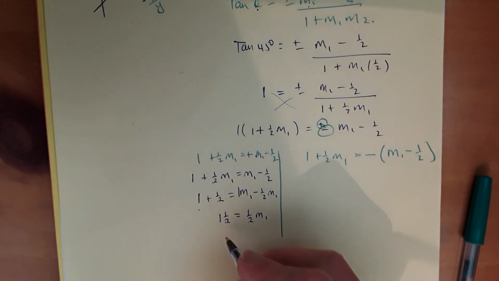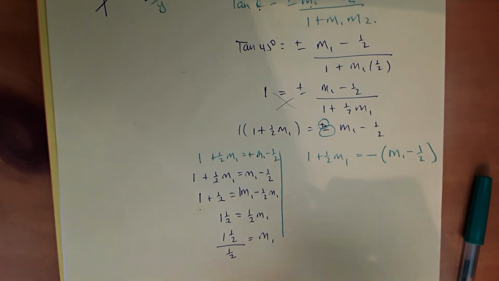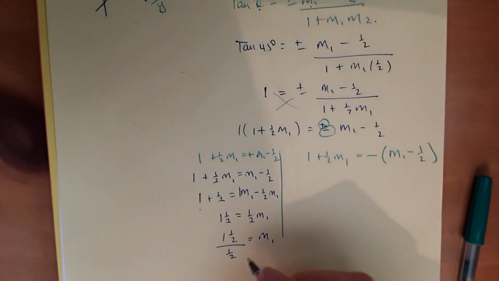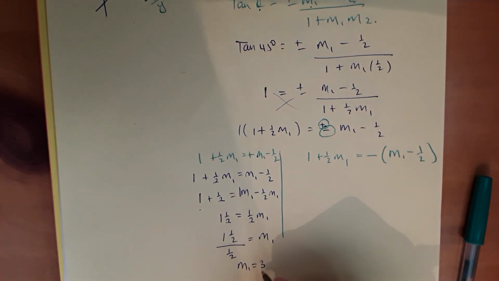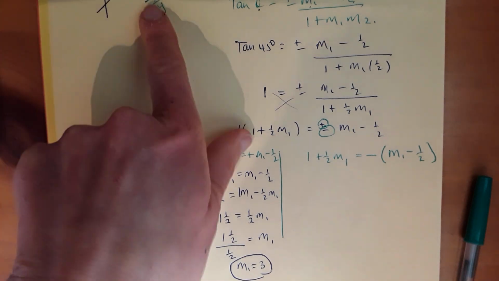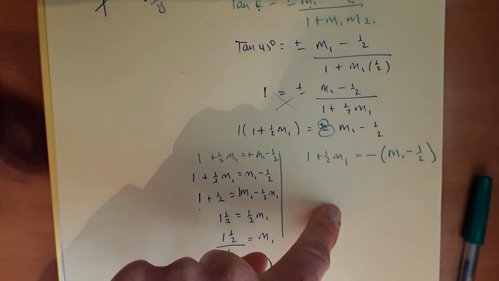So now I have 1.5 divided by a half gives me m1. What's 1.5 divided by a half? 3. So m1 is 3. So the slope of one of these lines, L1 and L2, is 3.